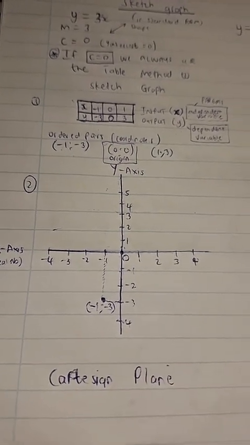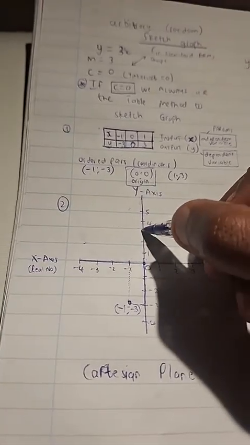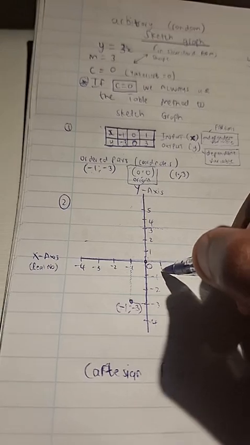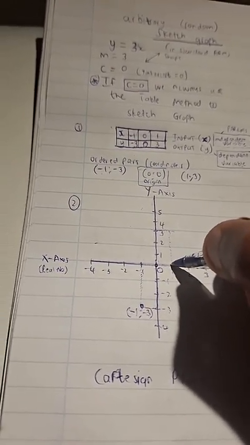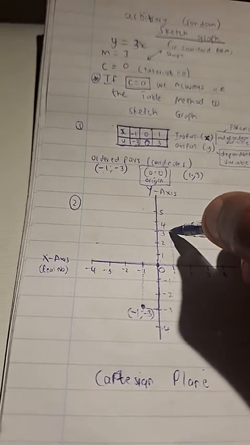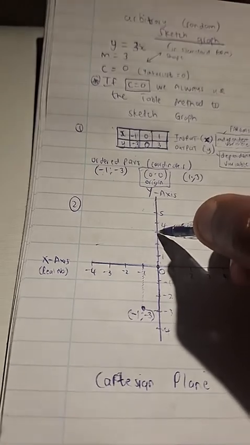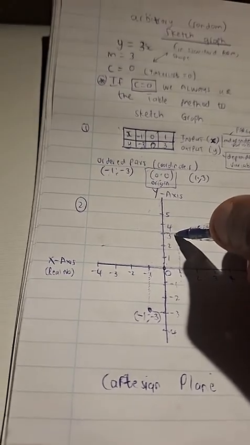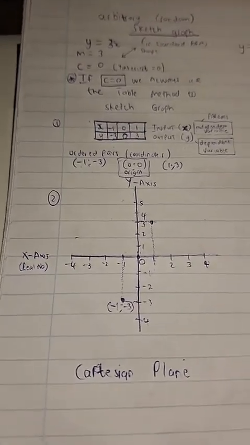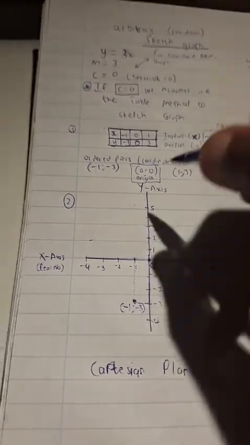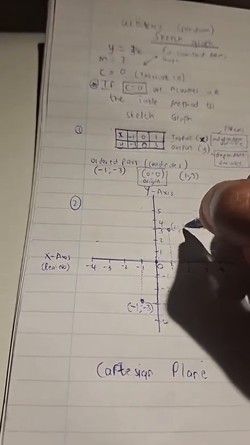Where are these two meeting? Everywhere y is equal to 3, everywhere x is equal to 1. Mr. 1 leaves his place of residence. Mrs. 3 leaves her place of residence. And they meet at the restaurant. That is the point, 1 and 3.